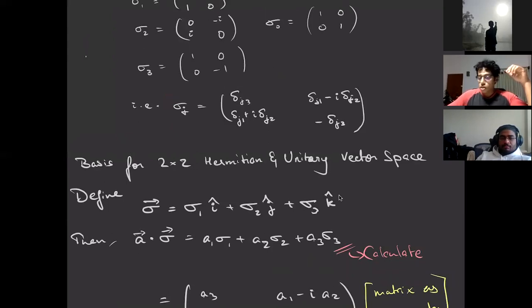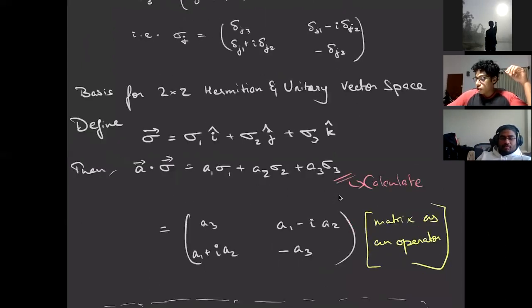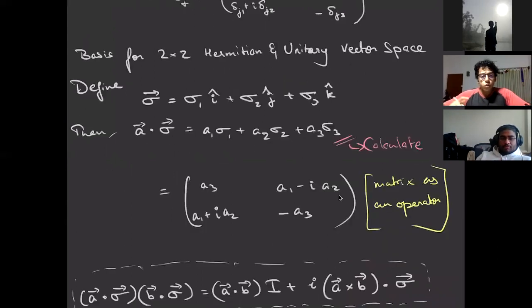Through this dot product with sigma. Once we define the vector sigma by coupling it to a vector basis, that is i, j, k, we can treat sigma like a vector in the same vector space as any other arbitrary vector that you define.